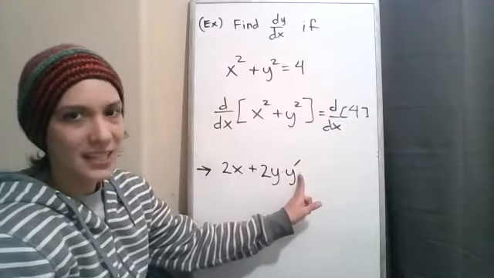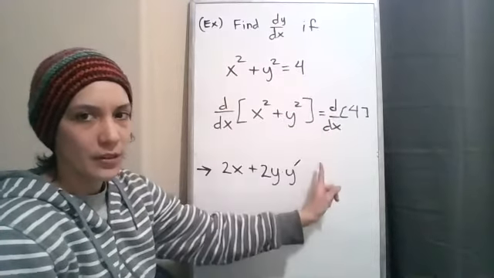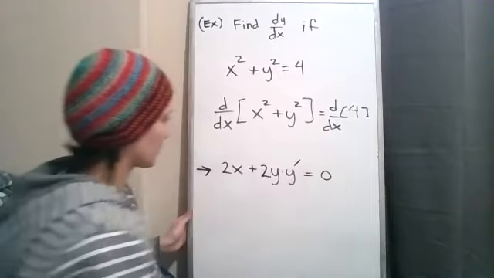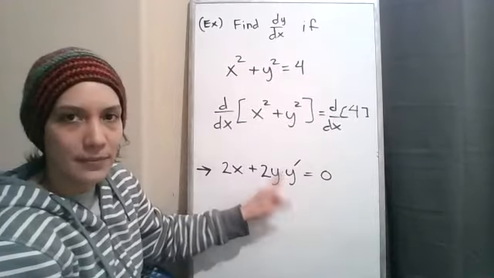And we're done with that part. Equal to the derivative of 4, so we're equal to 0. Now you want to isolate that y prime, and we'll be done.